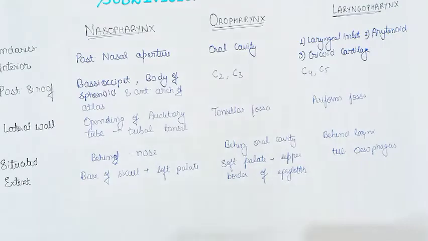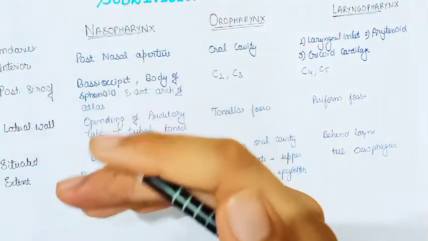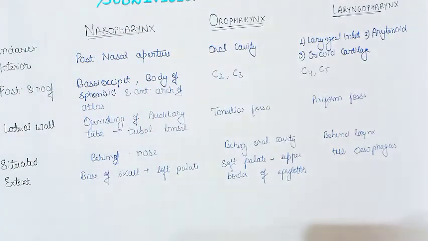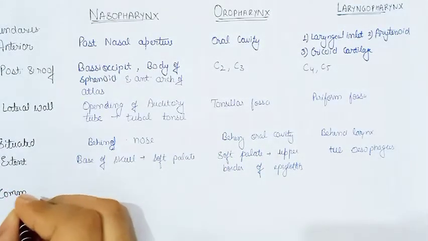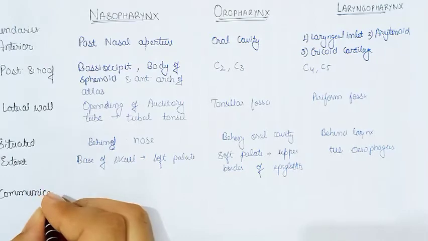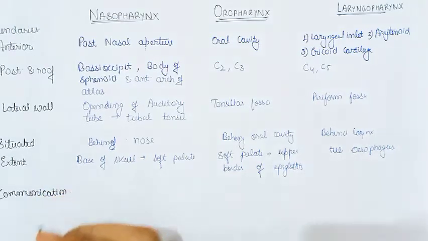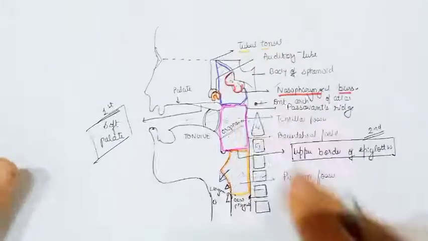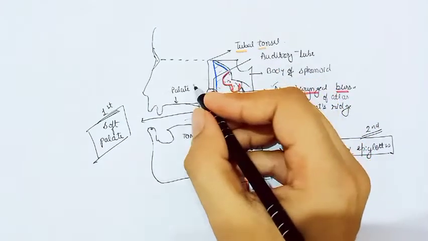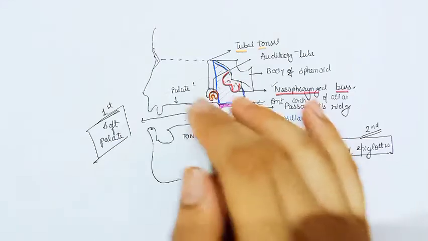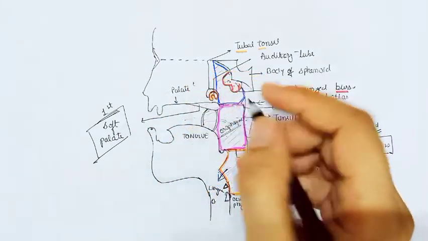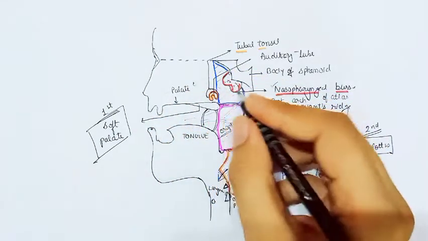Now let's see the communication, or where these cavities actually communicate. This is also very simple. As you can see in the diagram, the nasopharynx communicates anteriorly with the nose, the oropharynx communicates anteriorly with the oral cavity, and above it we have the nasopharynx.